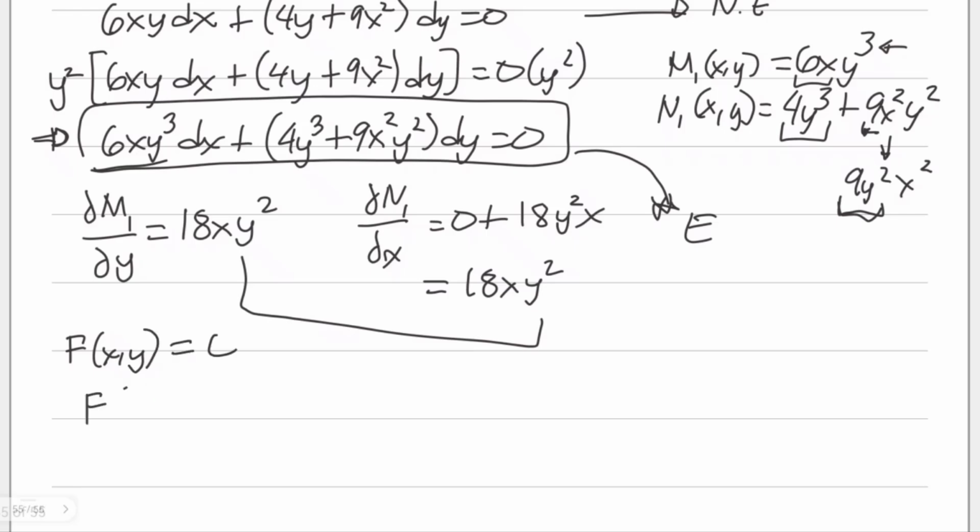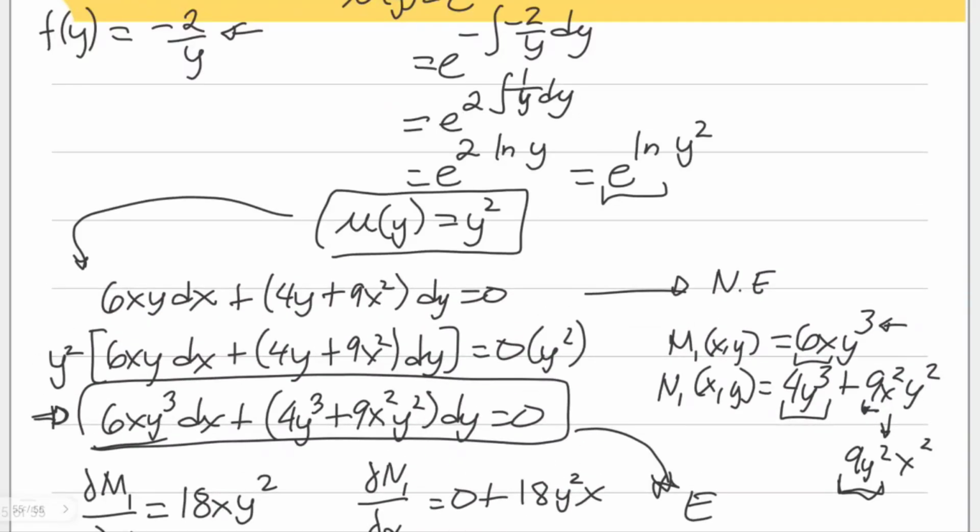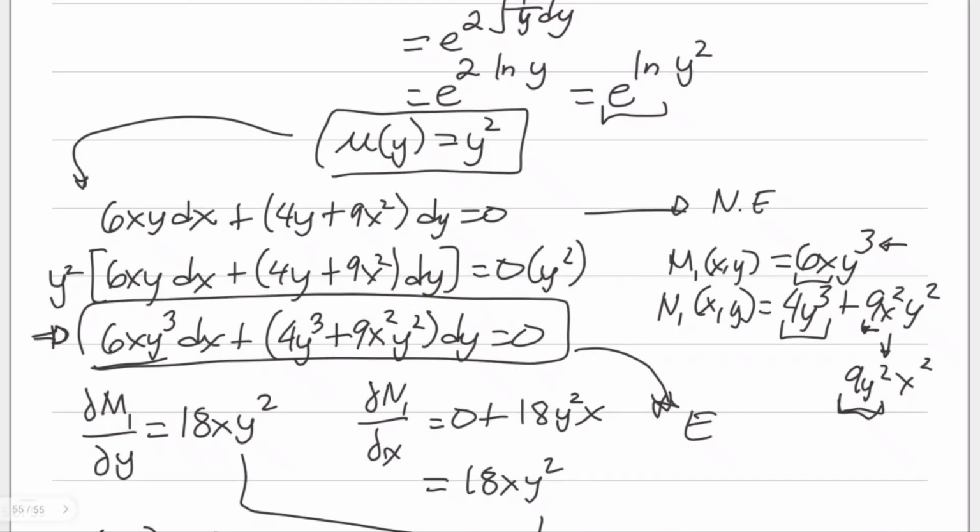But f of xy is equal to this form, M sub 1 xy dx plus g of y. Okay? So your M sub 1, going back to our M sub 1, here is M sub 1.